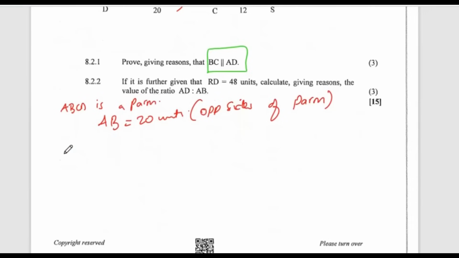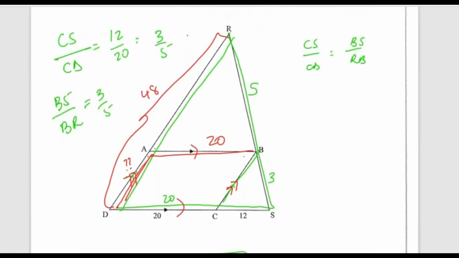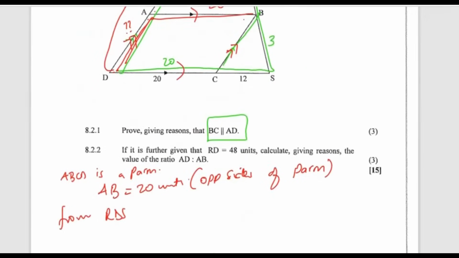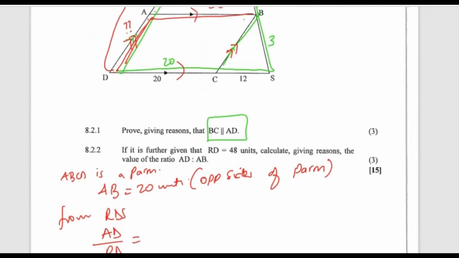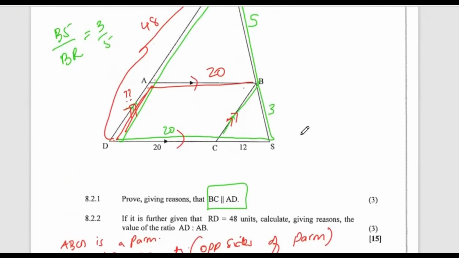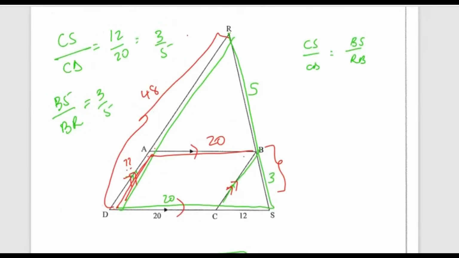From RDS, if I use my proportionality theorem, AD over the total distance RD must give me the same thing as BS over the total length, which is RS.